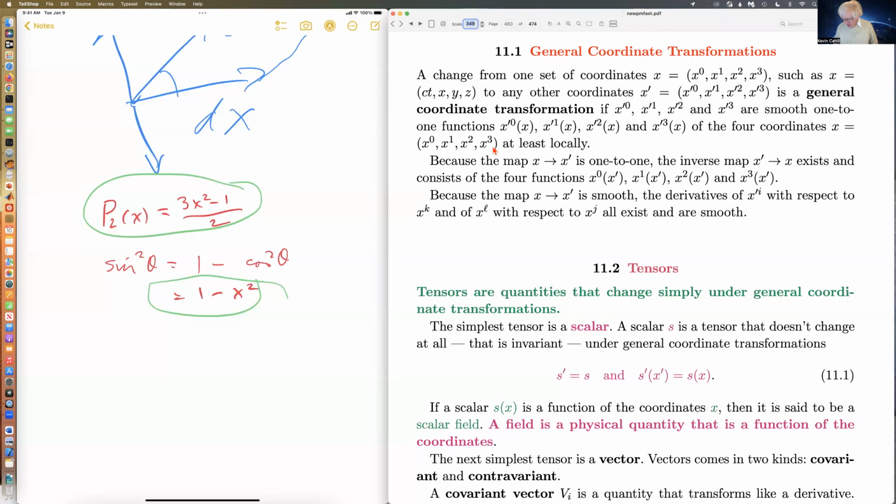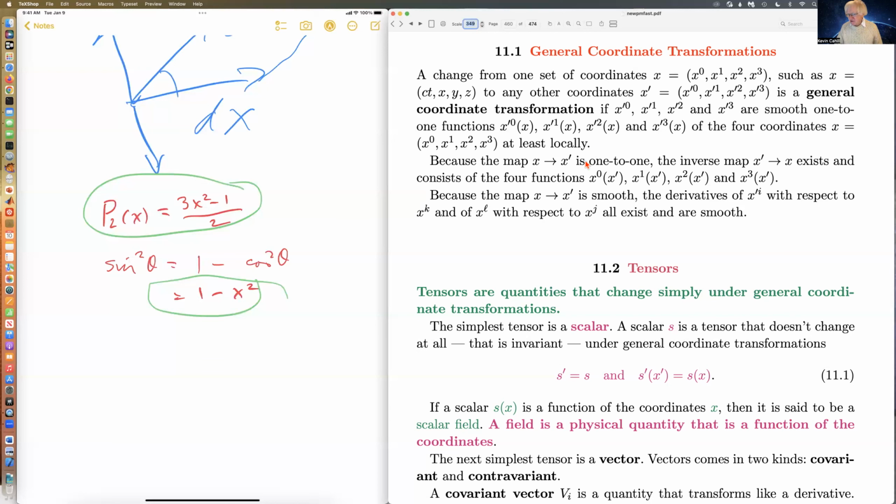Sometimes things are smooth and one-to-one over a certain range of certain volume or 4 volume of coordinate space, but you can't do the whole universe as one-to-one and smooth, but it depends. Sometimes you can, sometimes you can't. For the actual cosmology that we're talking about, I think basically you can.